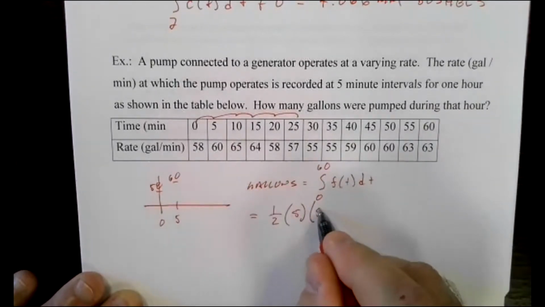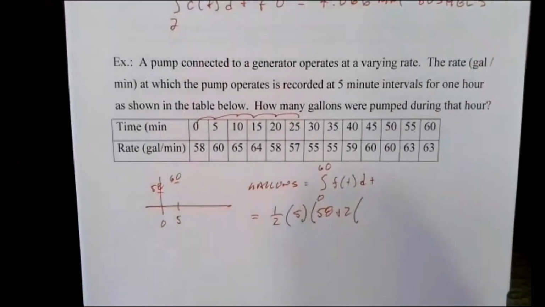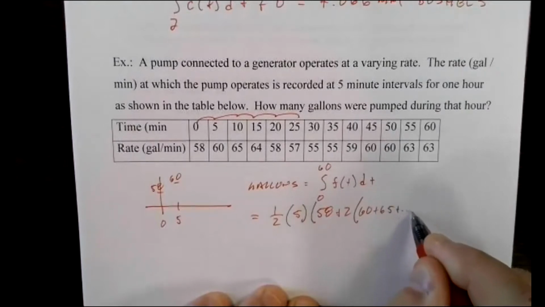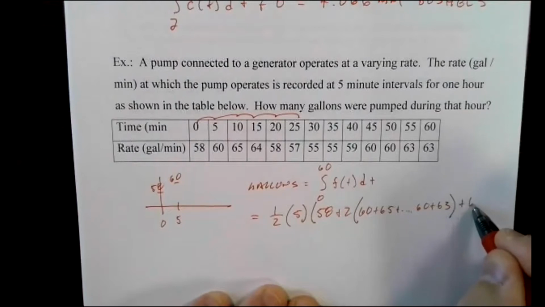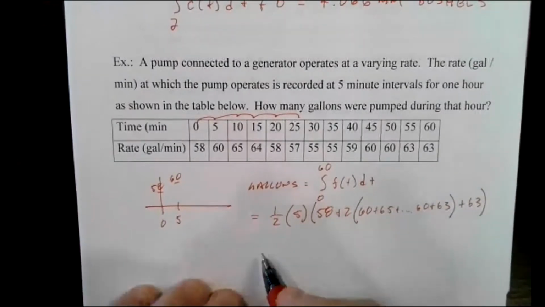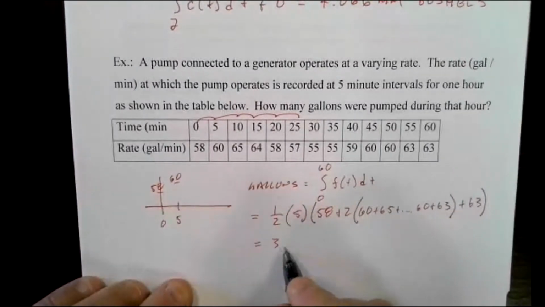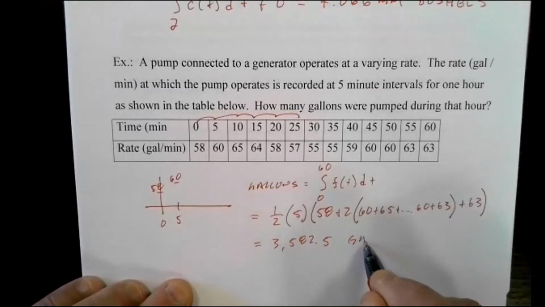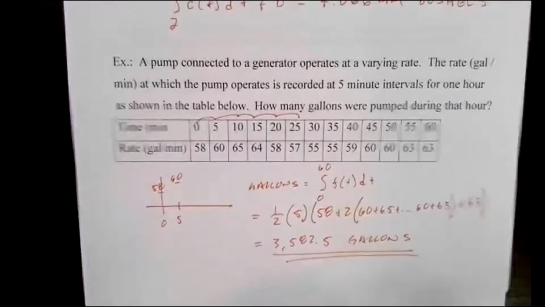First one, 58, plus 2 times all of the other ones except for the last one. 60 plus 65 plus 60 plus 63 plus 63. And I have this handy. You should get 3,582.5 gallons. That's good stuff.